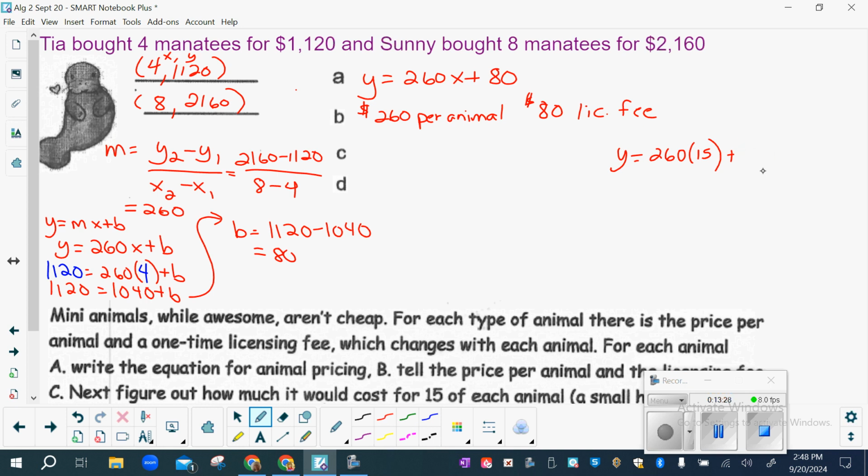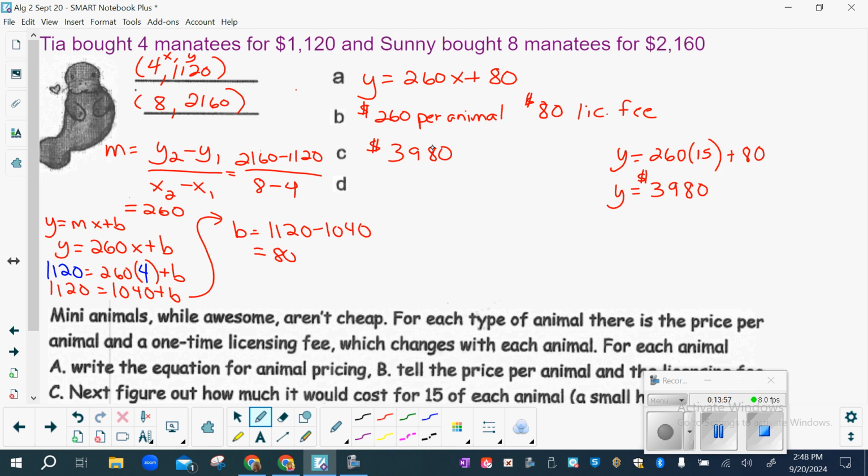Let me write that neater. So $3,980, and then our units on that is dollars. So it's a word problem here. Make sure you're putting your units. We'll look at that on your test, or quiz, when you go to take it.